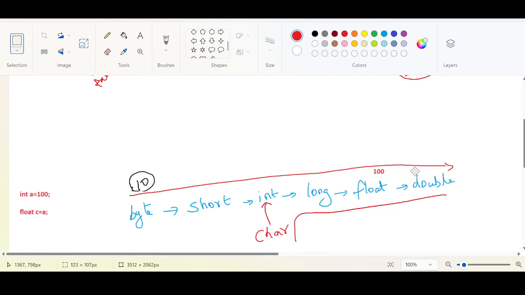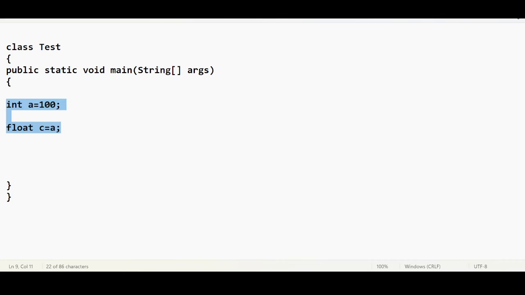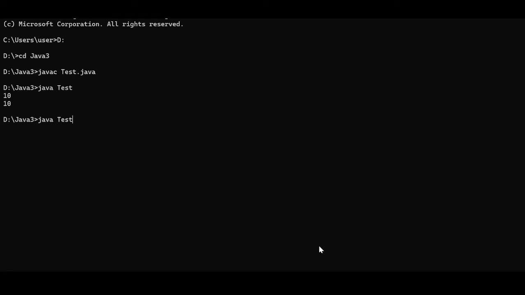Integer is here, and because of this float, we are just converting this to the float. The direction is syncing with the outline, right? It is traveling in the same direction which we have defined. Integer to float. Making sense? Another example I will give you. Let me run this. No compilation error, it is possible.